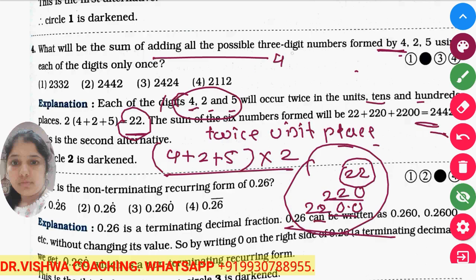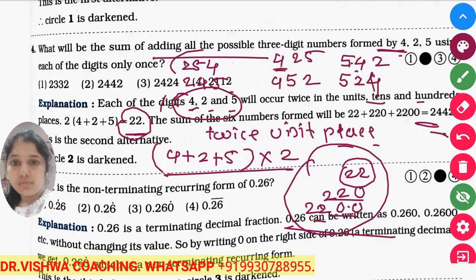Now see, we will form the numbers like this. 4 we take at 100 place, then 2, 5. 4 at 100 place, then 5, 2. Now 5 will come ahead: 5 at 100 place, 4, 2, and 5 at 100 place, 2, 4. Now if you look carefully, 2 will go to 100 place, and the positions of 5 and 4 will change. So these are the combinations of numbers formed.